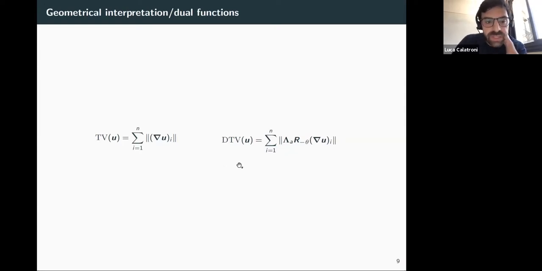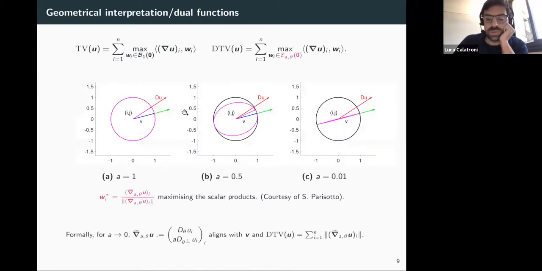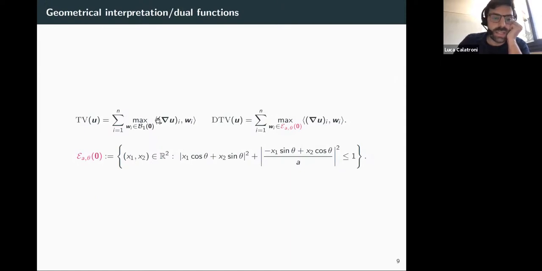As a geometric interpretation and comparison between TV and DTV, here I'm fixing alpha to 1 just for simplicity. We can consider standard duality arguments and make some interesting geometrical considerations. In particular, by duality, we can write this norm as the max of this scalar product, where the test functions lie in the unit ball centered in the origin.